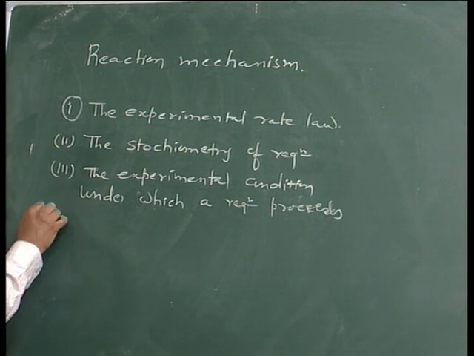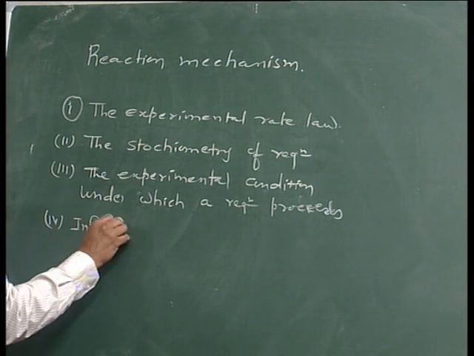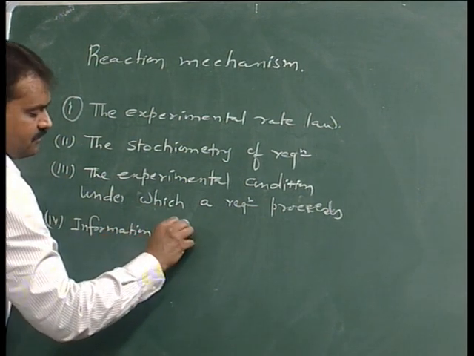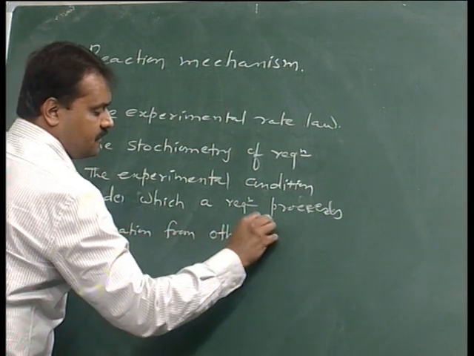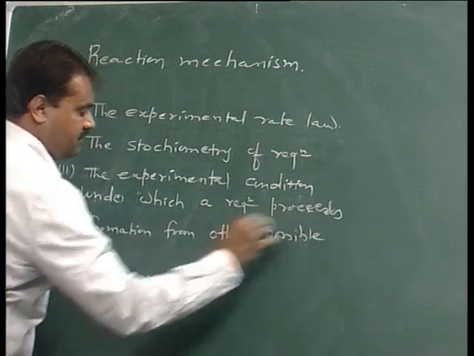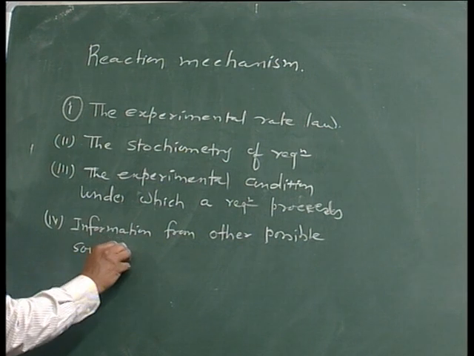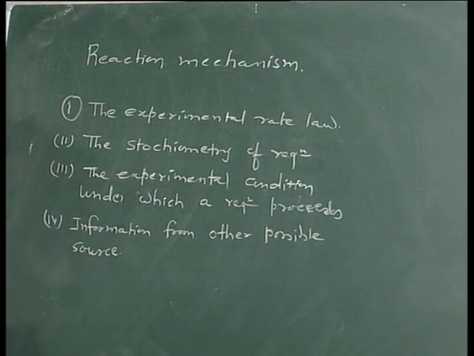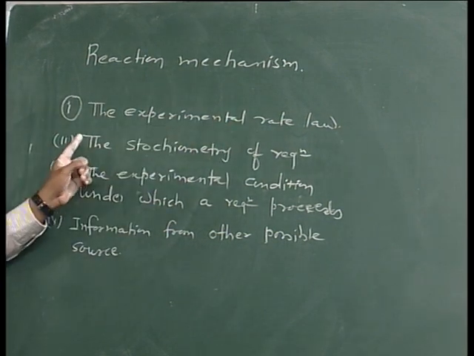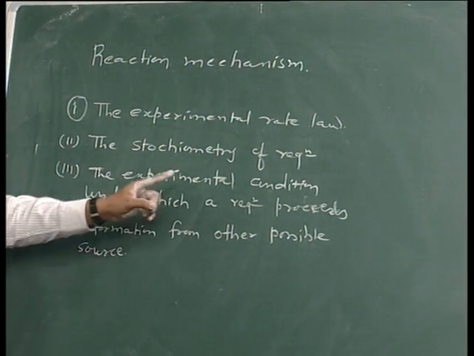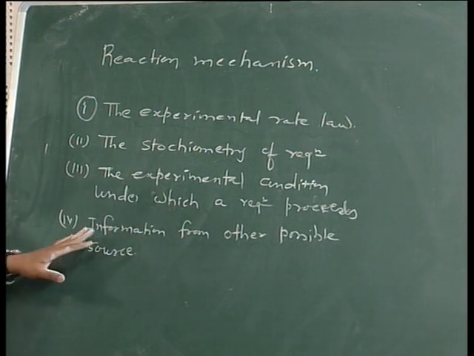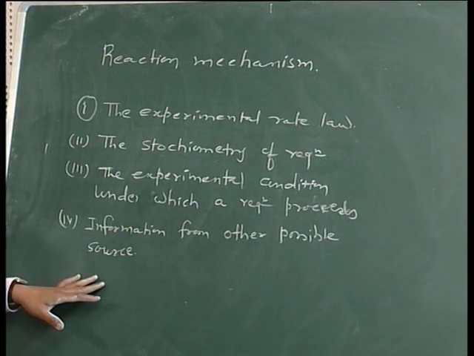And fourth is information from other possible sources. See, to describe the reaction mechanism of any reaction, we should keep these points in our minds: the experimental rate law, the stoichiometry of reaction, the experimental condition under which the reaction proceeds, and information from other possible sources.